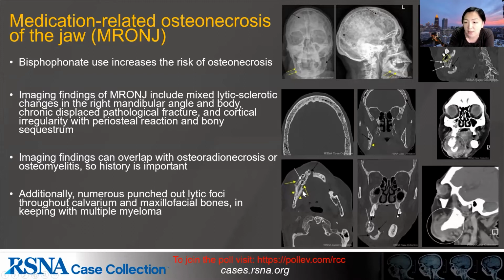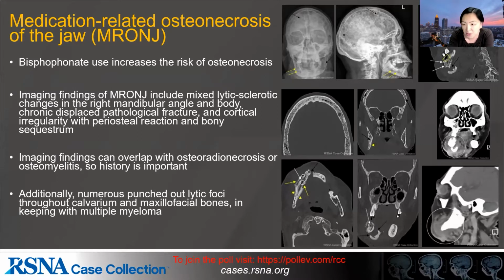As we suspect, these imaging findings can overlap with findings of osteoradionecrosis as well as osteomyelitis. As you can see, there's also a good amount of soft tissue abnormality surrounding the jaw here. So our history is very important in this case in accurately diagnosing medication-related osteonecrosis.